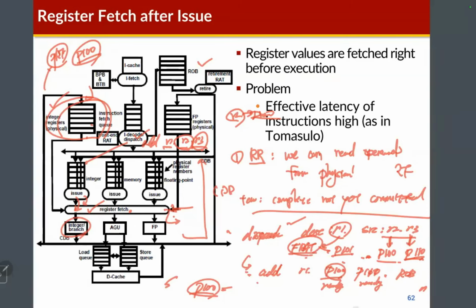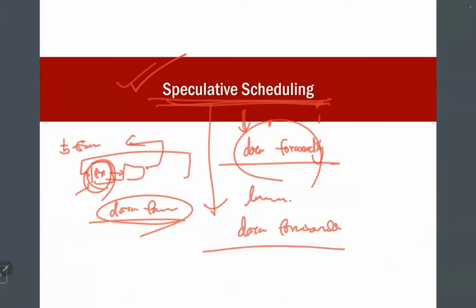In order to support data forwarding, we can apply speculative scheduling. So what is the observation that can enable speculative scheduling? The observation is that usually the execution engines or execution units have a fixed latency.